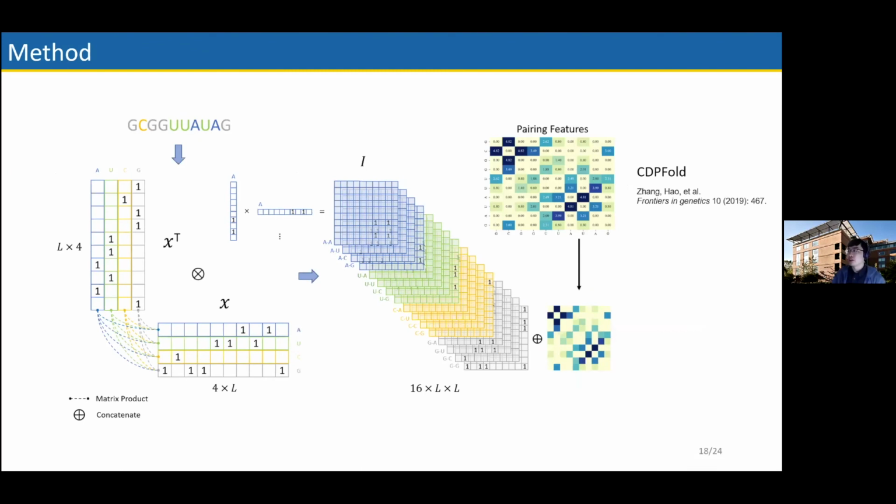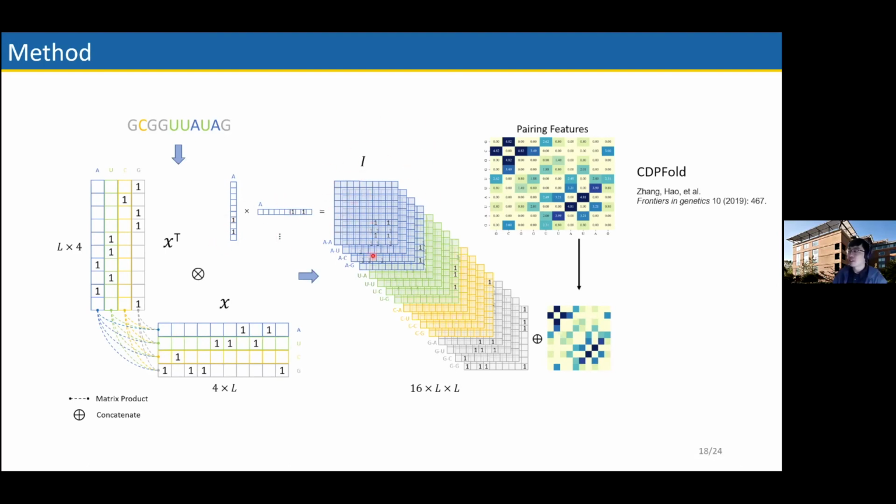First, I'll introduce how we construct this image-like representation using RNA sequences. Essentially, we take the Kronecker product of the one-hot embedding of the original sequences. So it's essentially the pairwise outer product of each base channel and its transpose. Taking AA pairing as an example, we take the outer product of the first column and its transpose and generate a map indicating all positions where this type of pairing is happening.